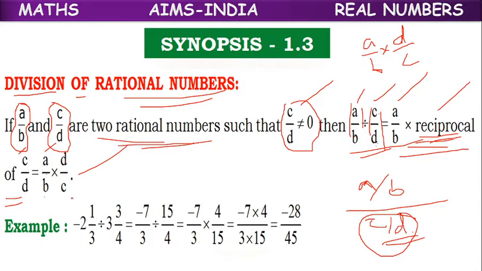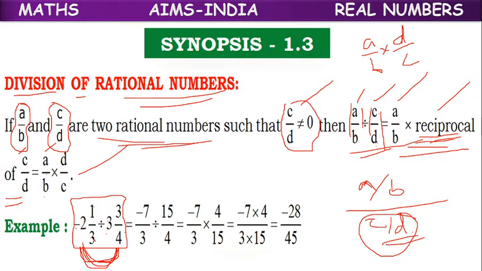Suppose in this example problem, minus 2 1 by 3 divided by 3 3 by 4, you have mixed fractions. First, we have to convert them into normal fractions. So 3 2 times 6 plus 1, 7. While converting into improper fractions, first we should not consider the sign.